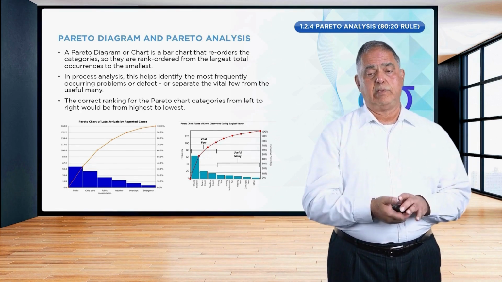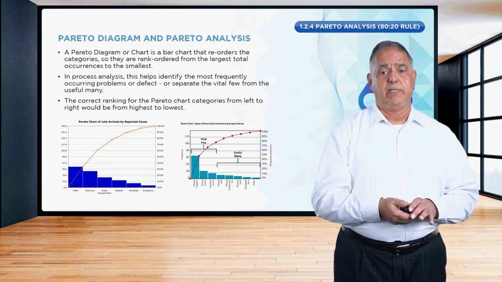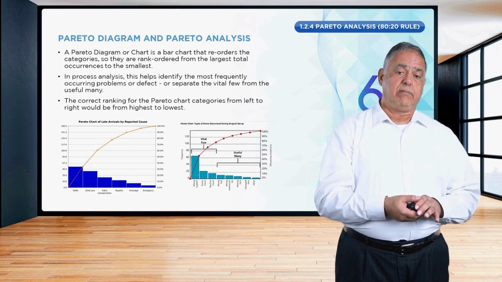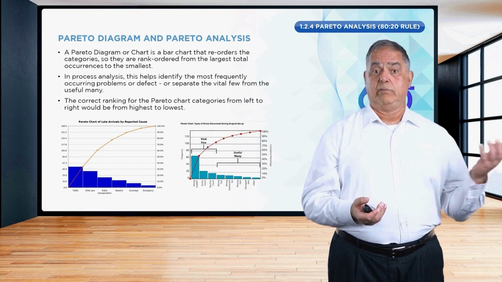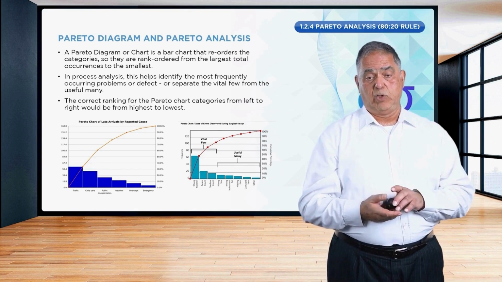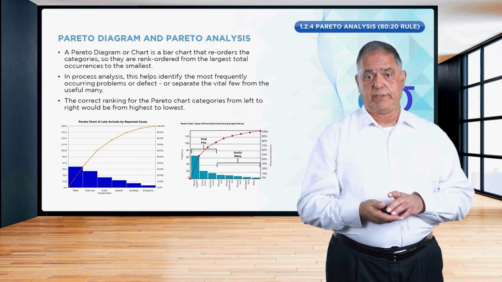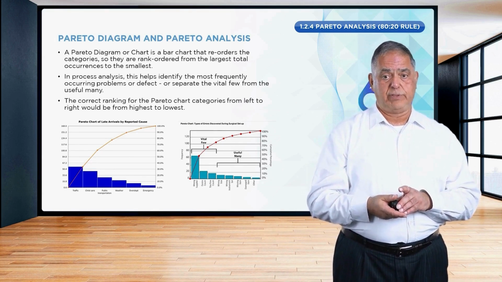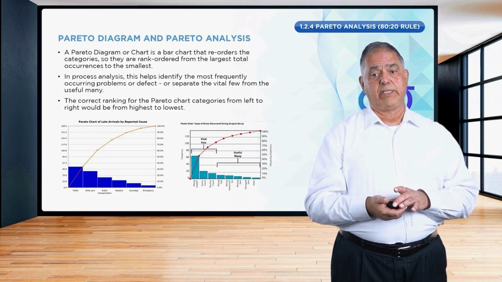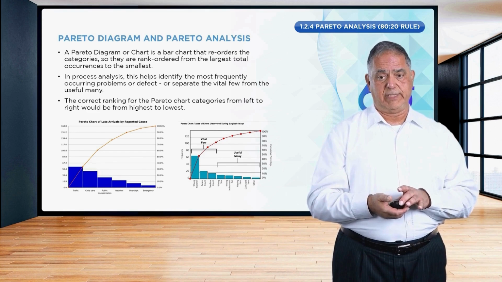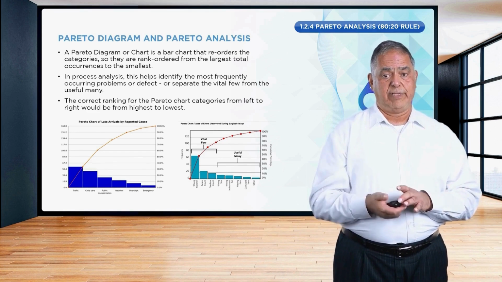On the other image, we can see the correlation between what we call the vital few, the 20% of the causes, the critical inputs, versus the useful many that correspond to the 80% of the excess.